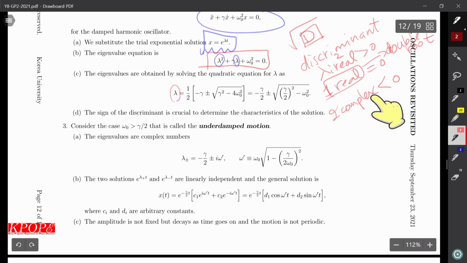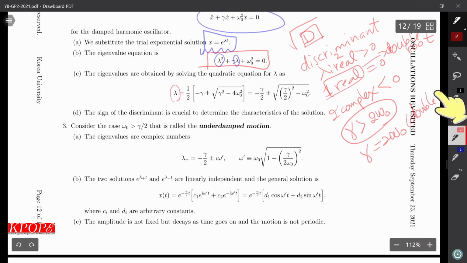Positive or equal means gamma is greater than or equal to 2 omega 0. Gamma equals 2 omega 0 is a double root, so real, and 2 omega 0 greater than gamma is complex.